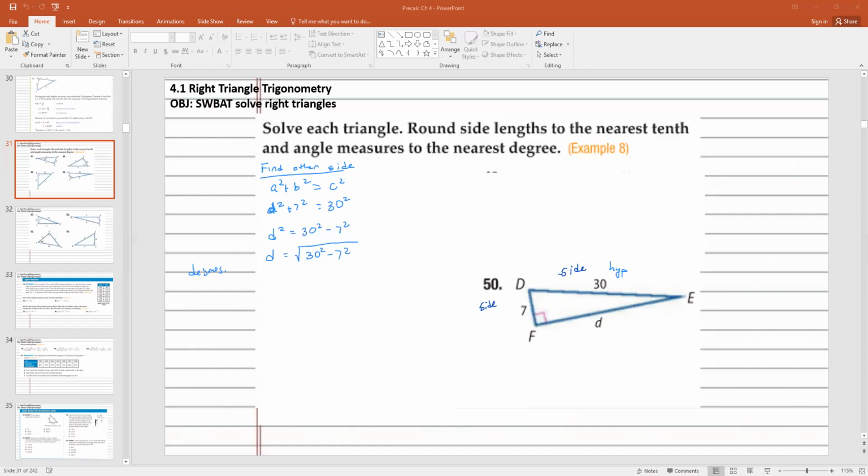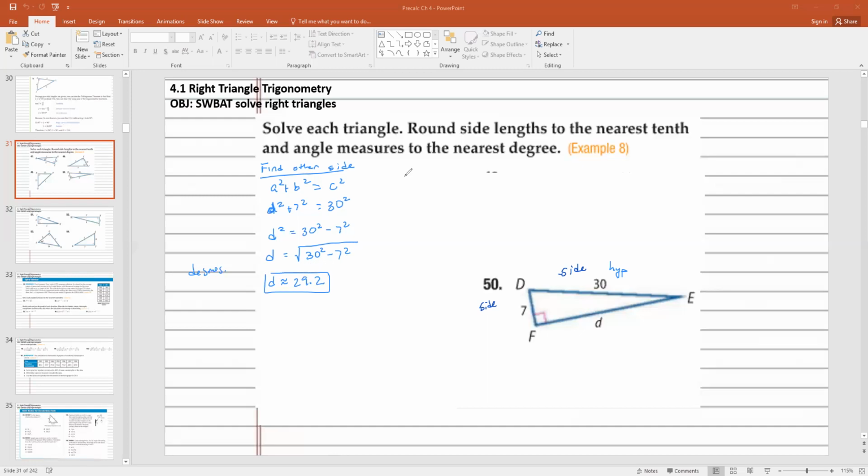So let's hit the square root, 30 squared minus 7 squared, and there you go. We get 29.17. So we're going to round that to the nearest tenth, so 29.2. And that's our first one.